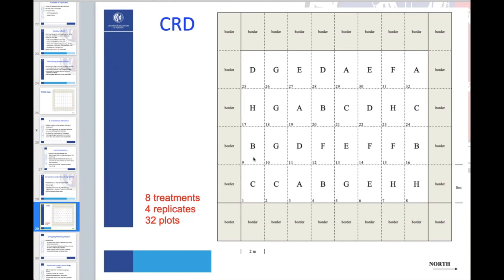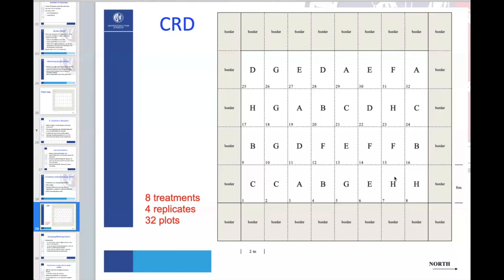Look at H. In the case of H, we have only 1 replicate in the less fertile part, and we have 3 replicates, look at here, 3 replicates in the most fertile part. So you see that by assigning treatments at random, we can create systematic error.